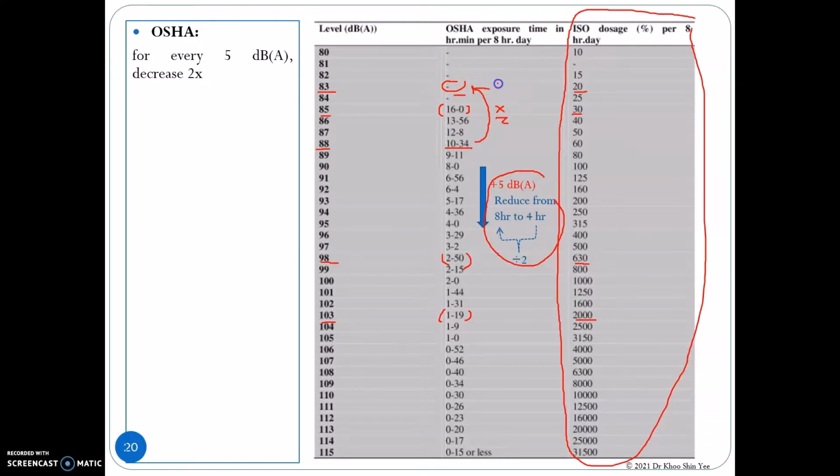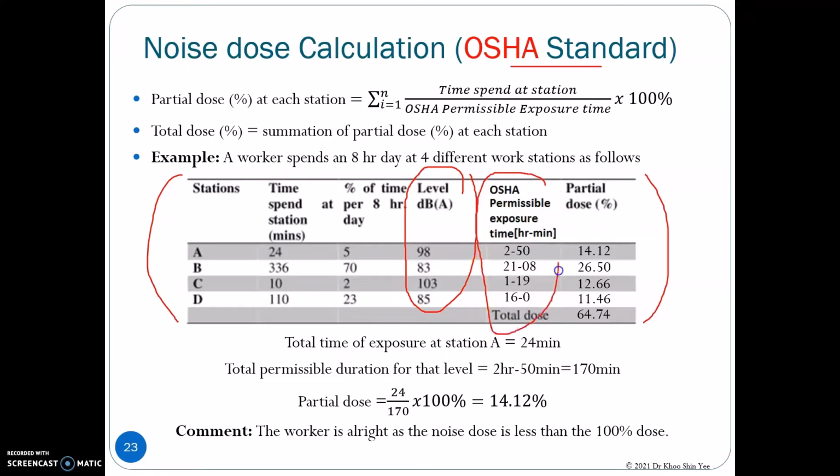Which is equal to 20 hours and 68 minutes. So the 68 minutes here is equal to 1 hour and 8 minutes. Therefore, you obtain 21 hours and 8 minutes. Therefore, you can substitute the OSHA permissible exposure time into here.